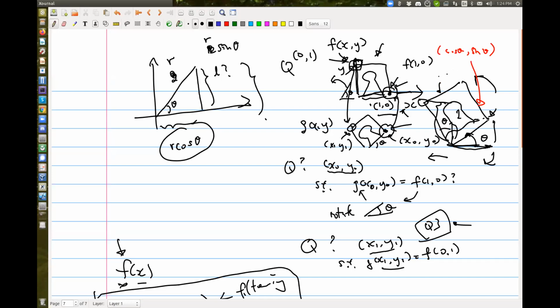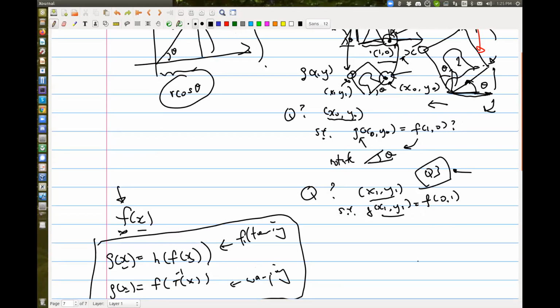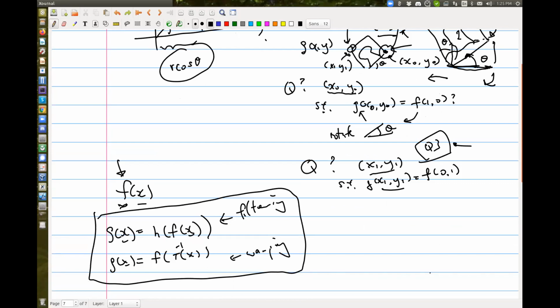Oh, this is very difficult to read. What I mean is, if I just start from here and rotate by theta, this is again 1 here.